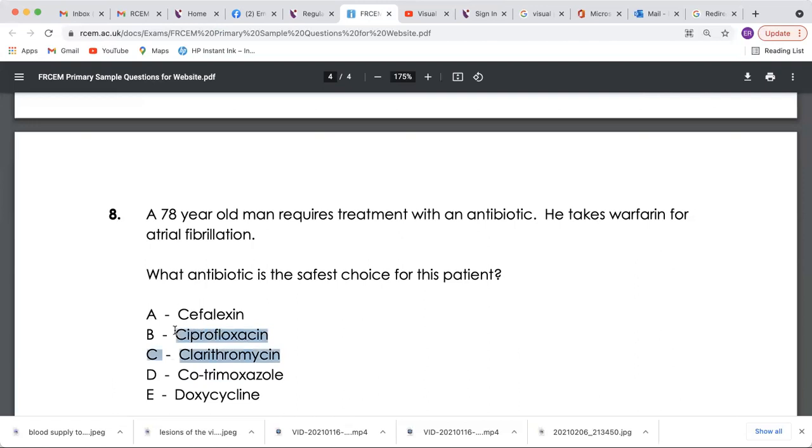So quinolones and macrolides are inhibitors, and doxycycline and the sulfur drugs, cotrimoxazole, these two are inducers. So we need to avoid all these four drugs to help keep a steady level of warfarin in this gentleman with atrial fibrillation. So the ideal antibiotic on this list should be cefalexin.